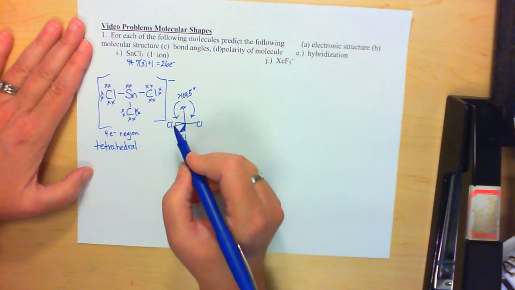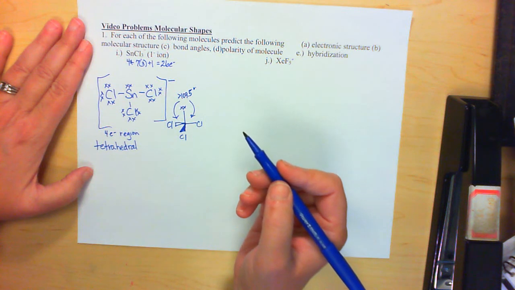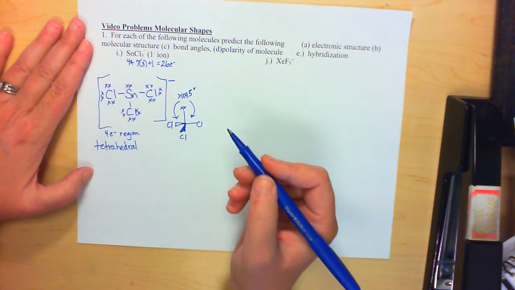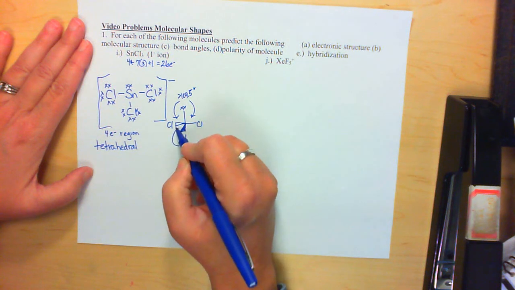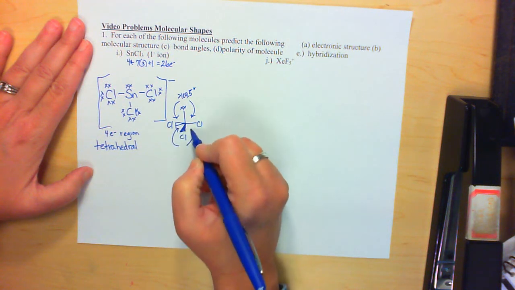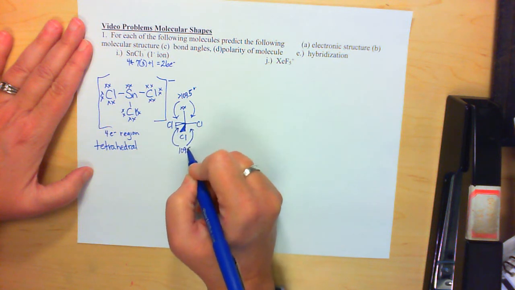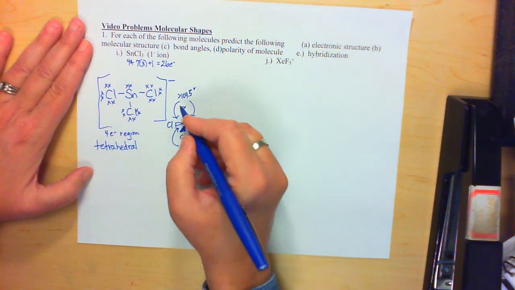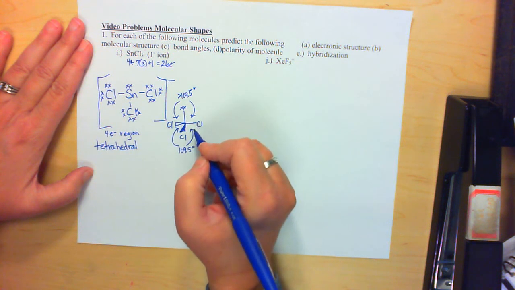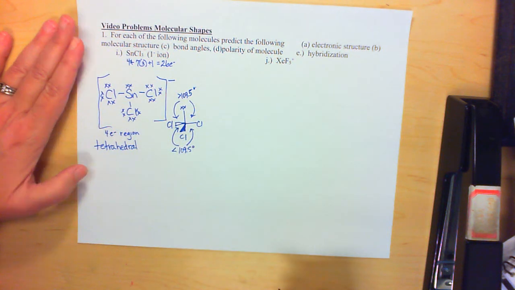Now again, we can't see that angle because remember, lone pairs are like glass. They have an effect on shape, structure, etc., but you can't see them. Now that means that it is going to affect these angles down here. And again, because it's a tetrahedral, we're going to start with the 109.5, but because the lone pair is going to be pushing against them, we know it's going to distort them and it's going to go down.